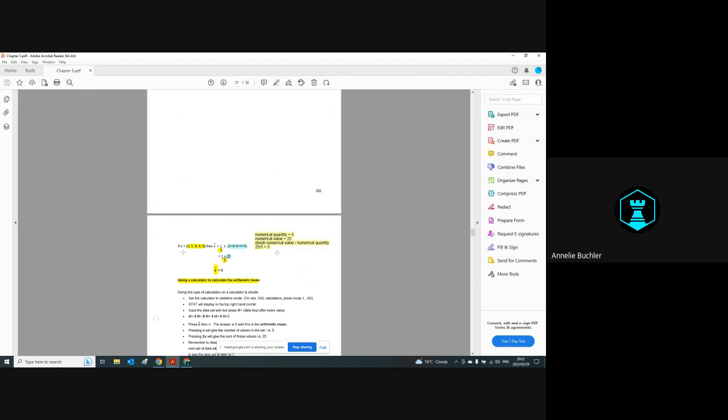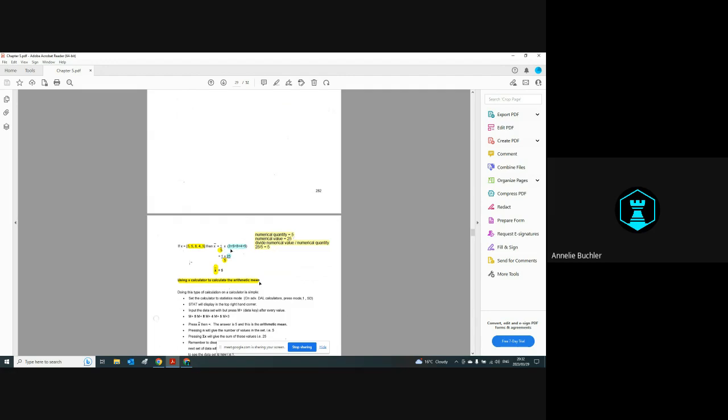They can say if X is 3, 5, 8, 4, and 5, then you know there's 1, 2, 3, 4, 5 numerical quantity numbers. So I write here, numerical quantity is 5. The numerical value of this is 25 if you add them up.